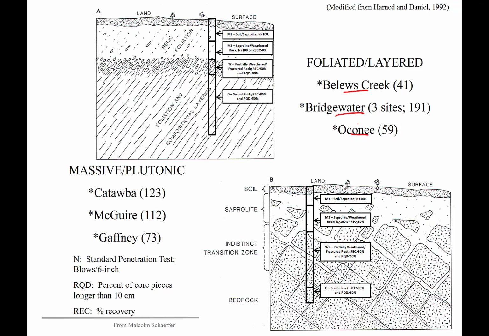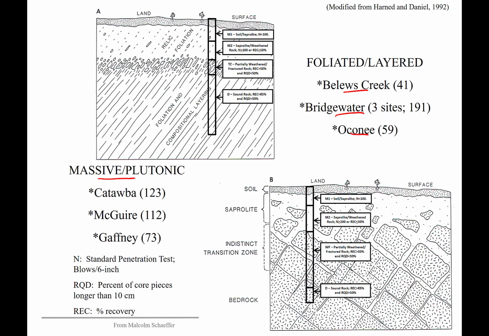And they looked at foliated layered sites as well as massive plutonic sites. And what they did was to develop criteria that are generated from the drilling and sampling process that could be used to objectively identify fractured rock, intact rock, the transition zone, and different saprolite zones.